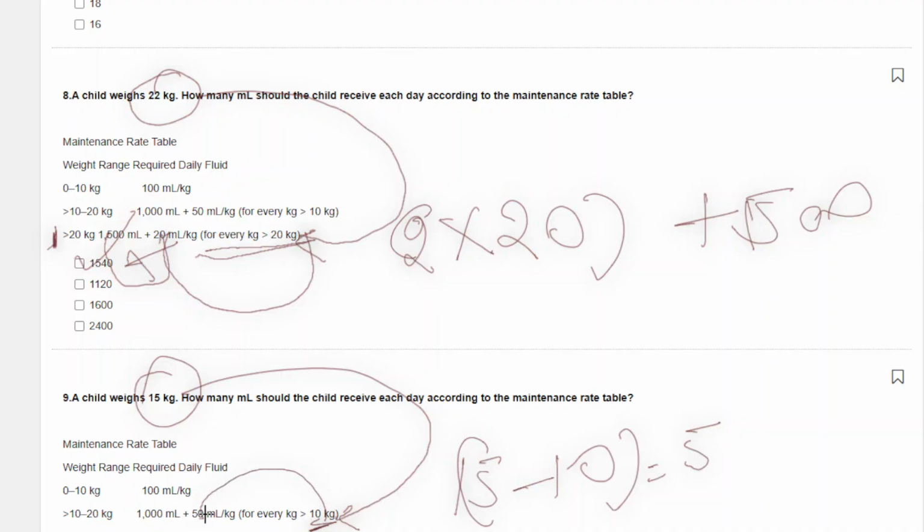I'm going to times that by 50 ml. So I multiply that by 5. What do I have? I got 250. Now my 250, I'll go ahead and add that with 1,000. So now I got 1,250. You see? Right there. Easy. So practice makes perfect. All right?